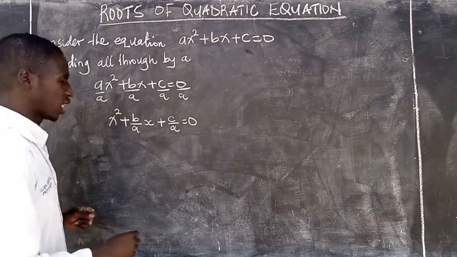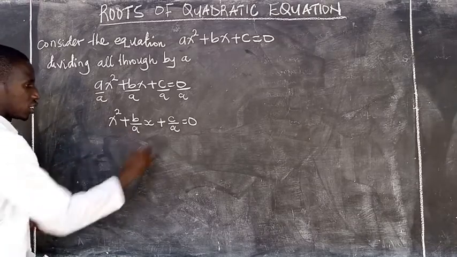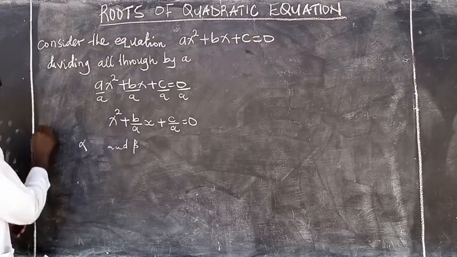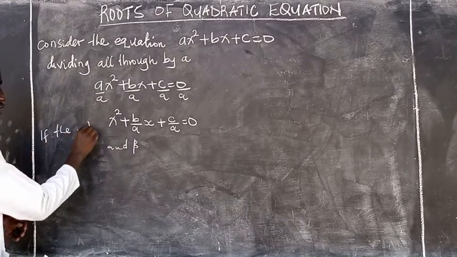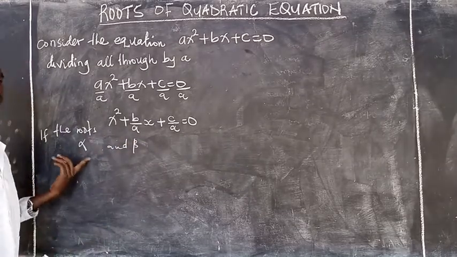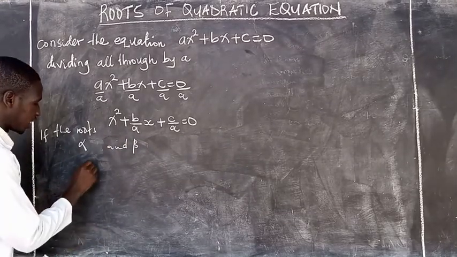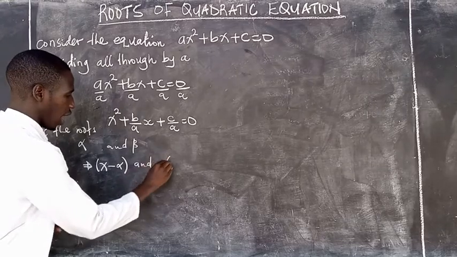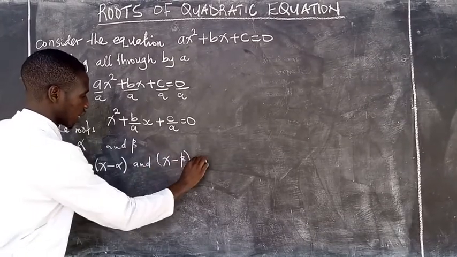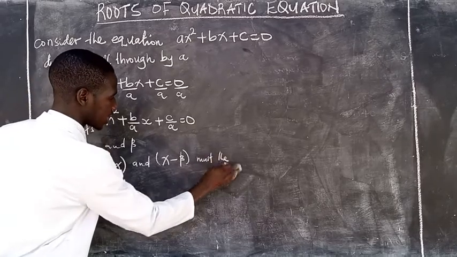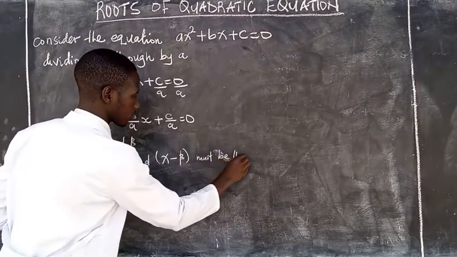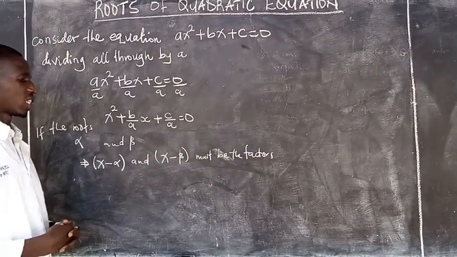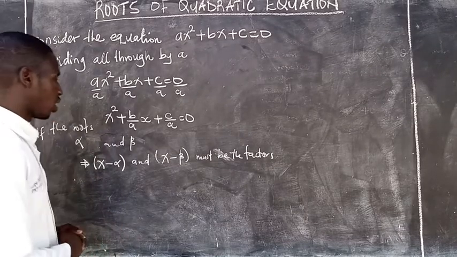Now, if we assume that the roots to this equation are alpha and beta, that implies that x minus alpha and x minus beta must be the factors.